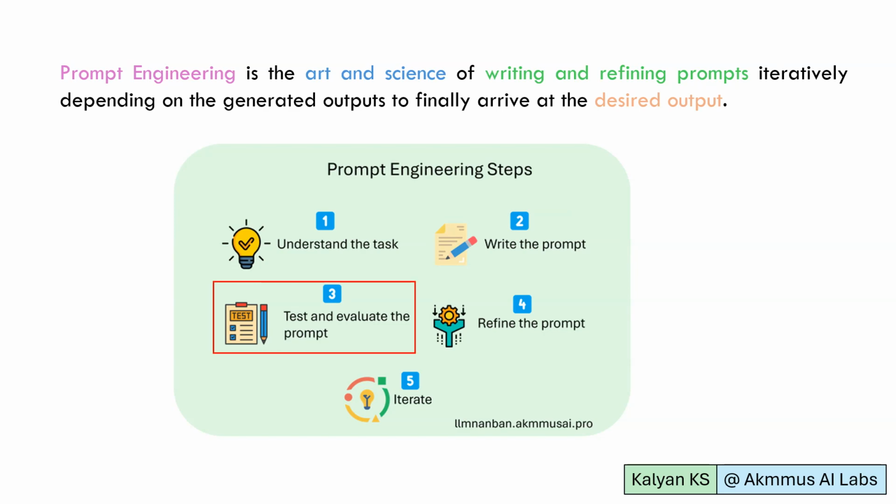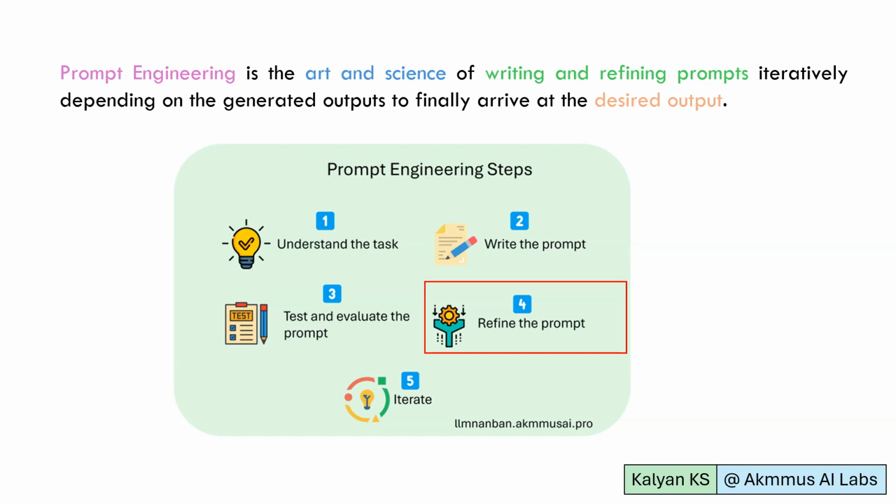After that, you have to test the prompt by passing it to the chatbot and then evaluate the generated output. Depending on the generated output, you have to refine the prompt. This process of writing, evaluating, and refining the prompt goes on iteratively multiple times to finally arrive at the desired output. Let us see each of these prompt engineering steps in detail.